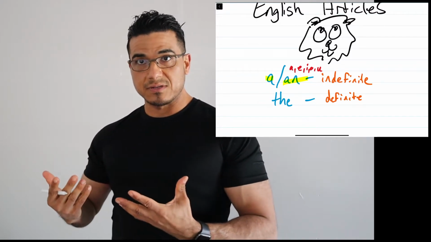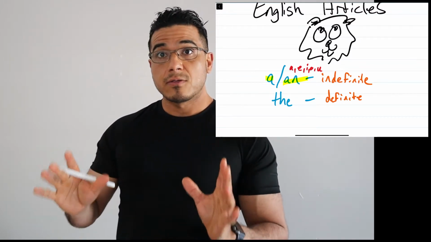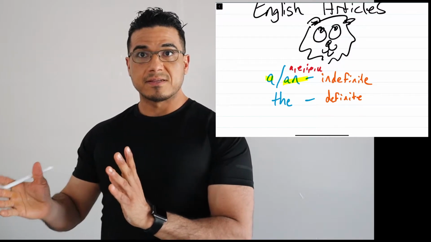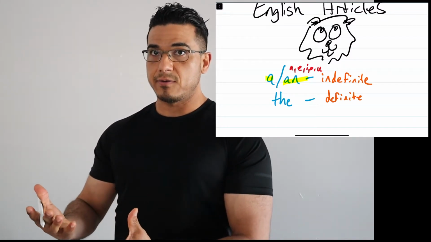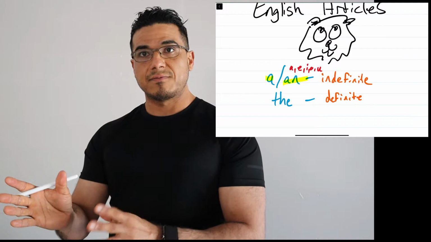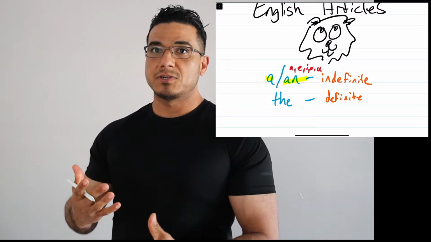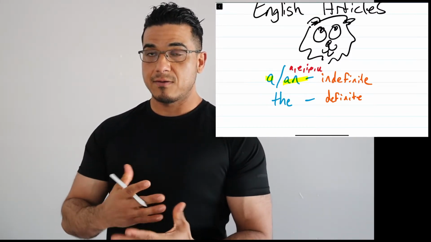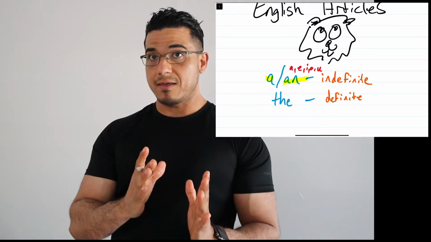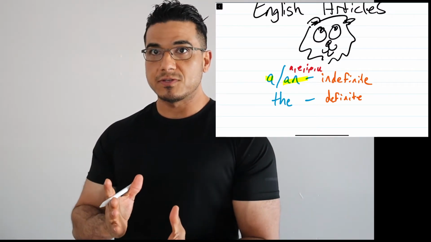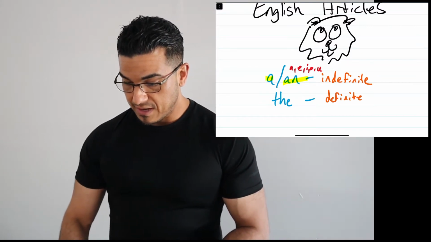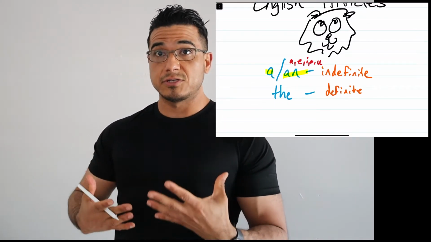Although there are exceptions in which, let's say, for example, the word following the article has the sound of a vowel, yet the word itself does not begin with a vowel, in which case you would still use the article an, as opposed to a.